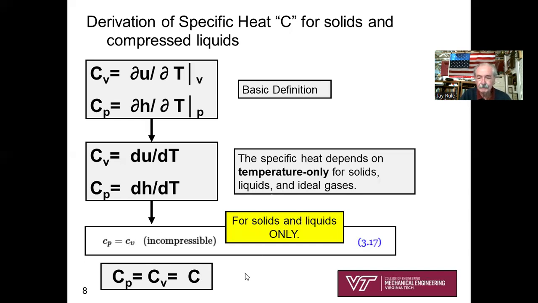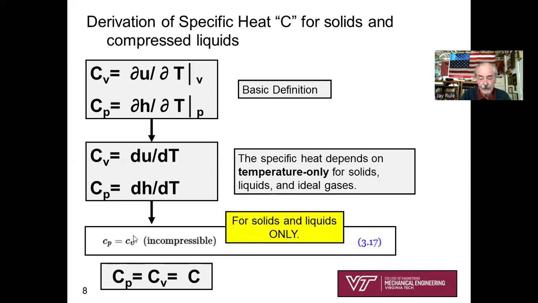It's really important to get this decision tree idea in your mind: not blindly using formulas in your book. Just imagine if you had a chapter 3 problem and you found, oh, here's equation 317. It says CP equals CV. Great, and on and on. So you see how you can go down a rabbit hole that is the wrong rabbit hole, and that's going to be the no credit rabbit hole.